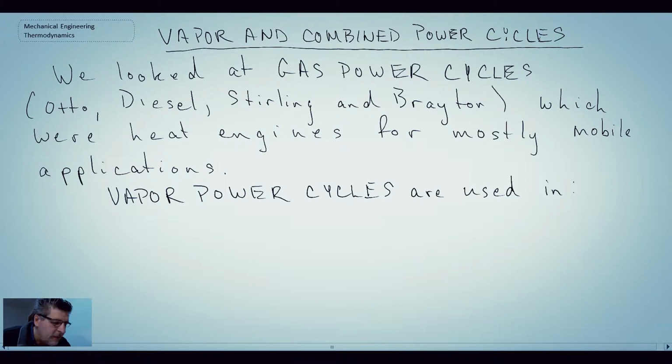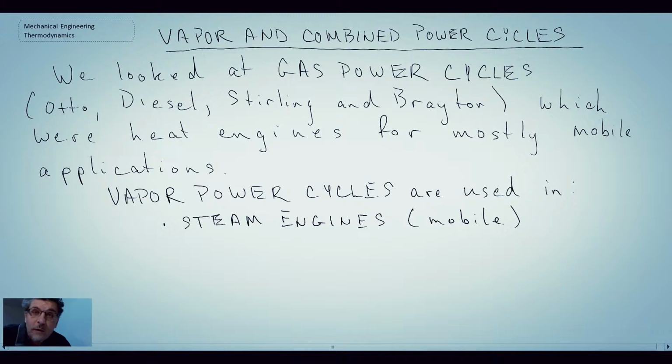Now, vapor power cycles have traditionally, or historically, been used and developed in steam engines. And these were mobile applications. The first one was developed in 1770 by a military engineer for the French Army.